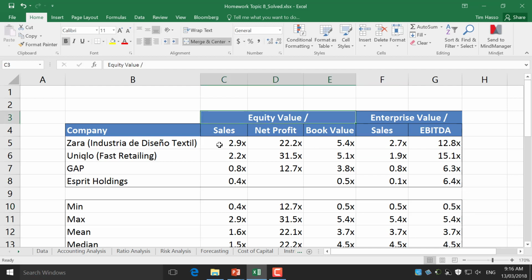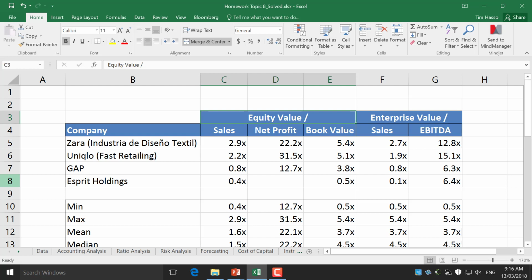So here, for example, we have an overview of 4 companies: Zara, Uniqlo, Gap, and Esprit, selected as comparable firms. We have equity value divided by sales, net profit and book value, and then enterprise value divided by sales and EBITDA.